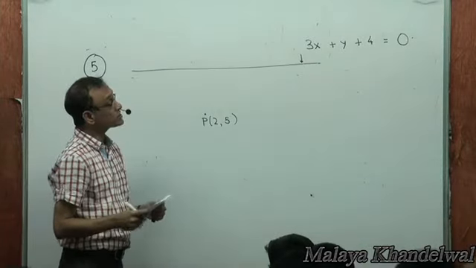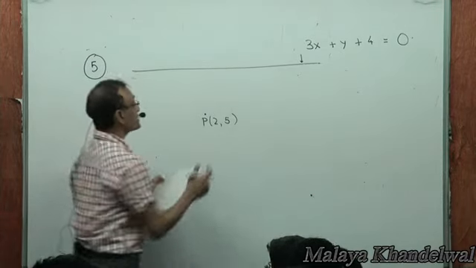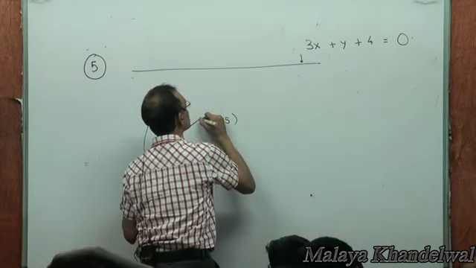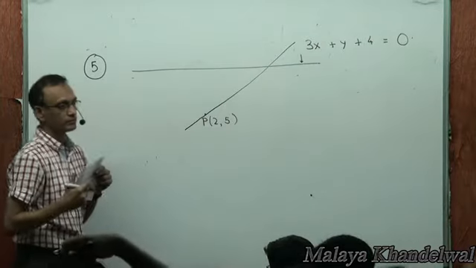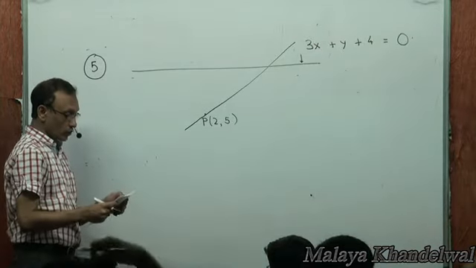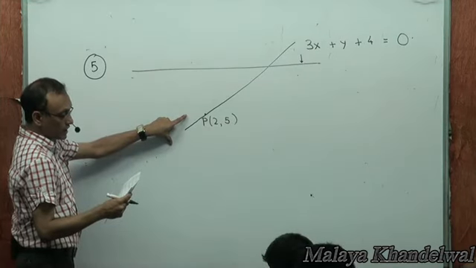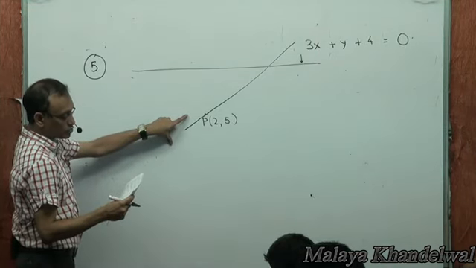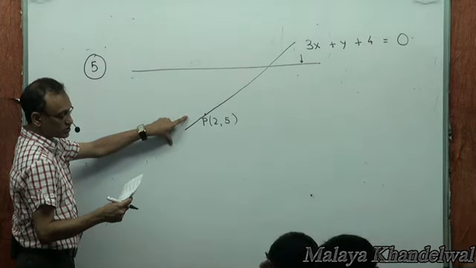We want to find the distance of this line from the point 2 comma 5 measured parallel to, that means measured along, the line 3x minus 4y plus 8 equal to 0. See, is 2 comma 5 a point on 3x minus 4y plus 8 equal to 0? 6 minus 20?